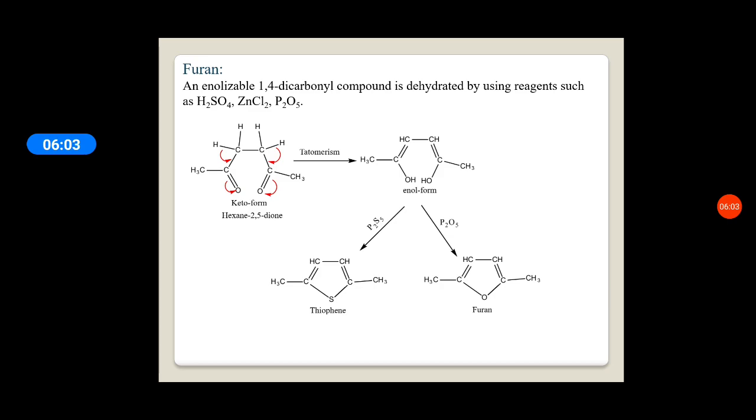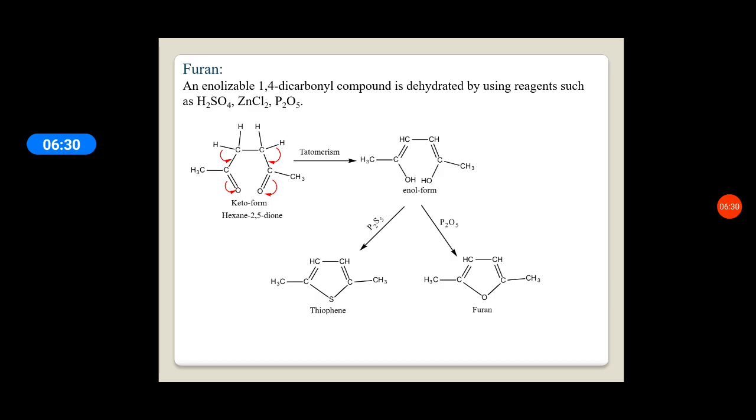So in this method we can synthesize thiophene and furan both. For that, the keto form is converted into enol form. Then the enol form is dehydrated to get furan, or instead of phosphorus pentoxide, if you use phosphorus pentasulfide, then thiophene is obtained.